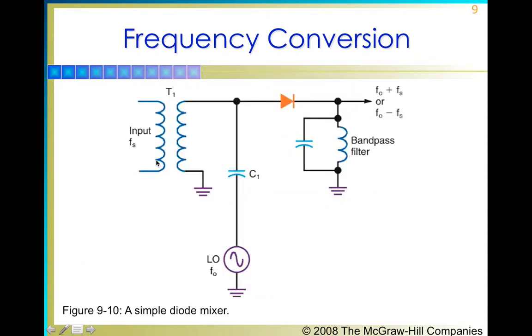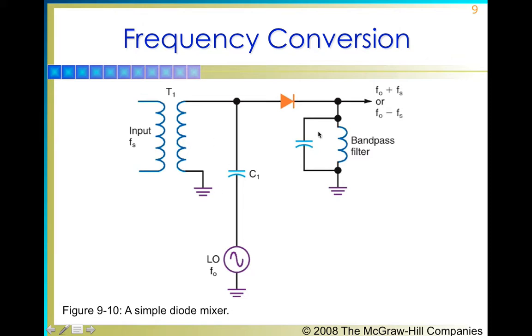This is a diagram of a normally used mixer, which is a simple diode mixer. It is not quite popular, but it is a common kind of mixer. And here you can see the input is coming over here, and we have a transformer over here. So this input is coming from here, and then we have a local oscillator via capacitor connected to a diode.